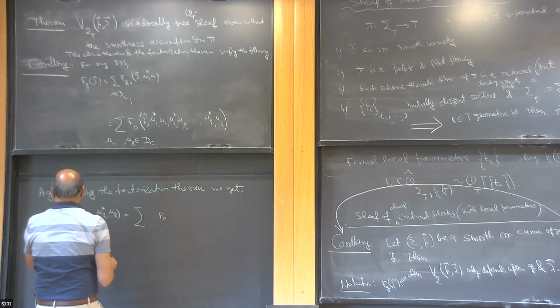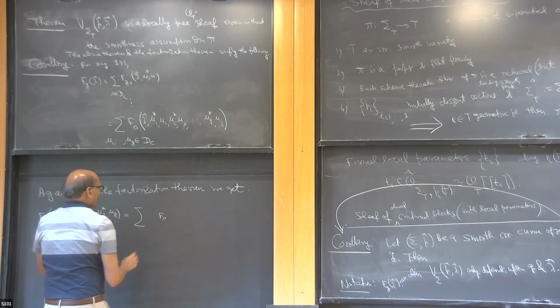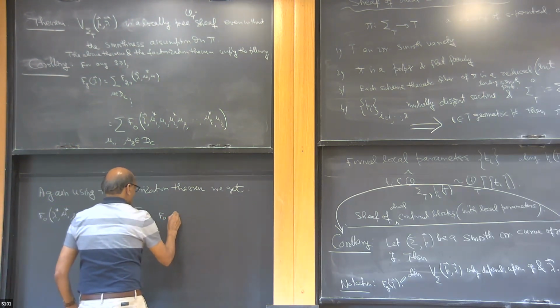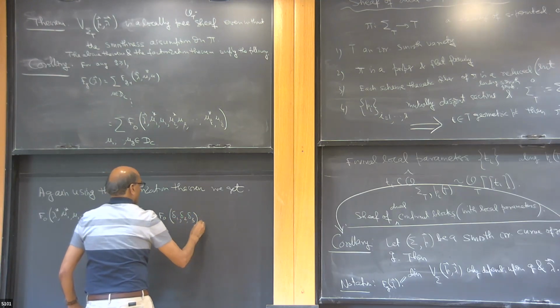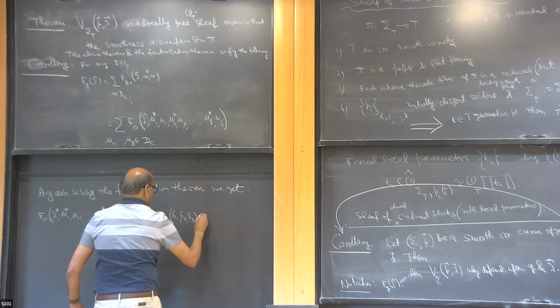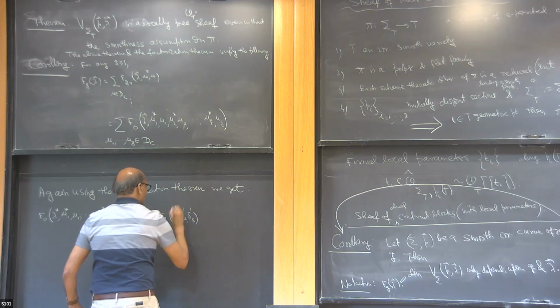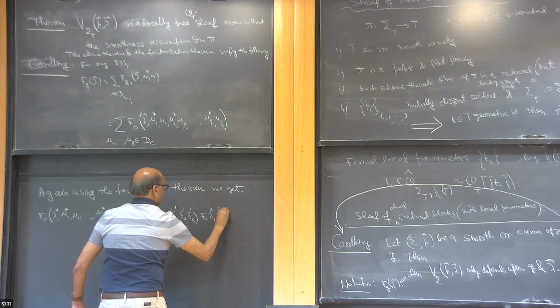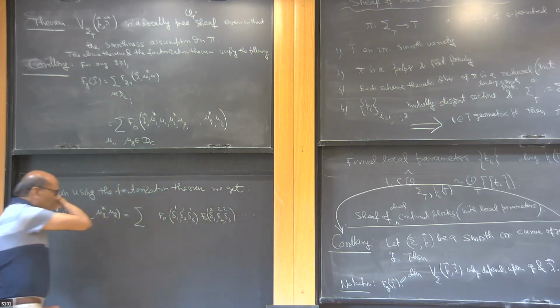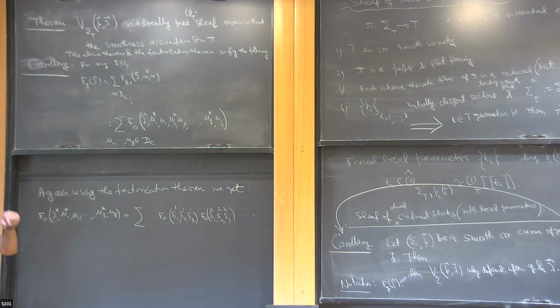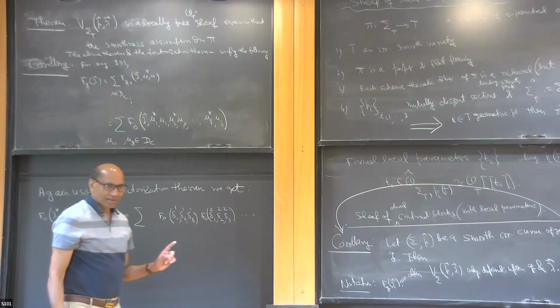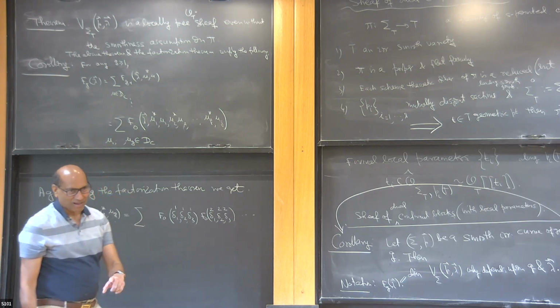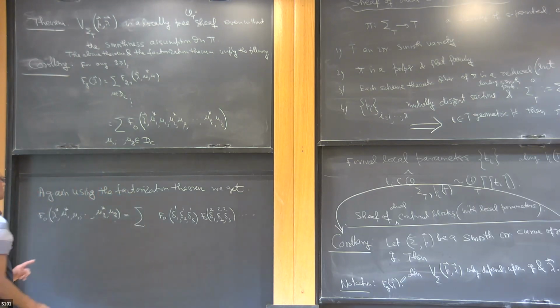Actually now I don't know how to put the notation, so I'll just say delta 1, delta 2, delta 3. And in the end, there are many ways of doing it. That's right. Of course, there are many ways to do that.